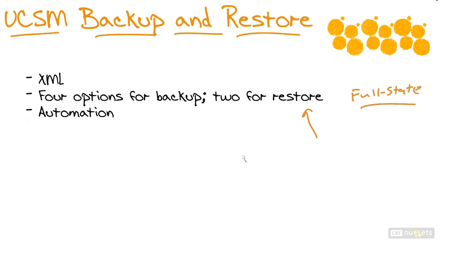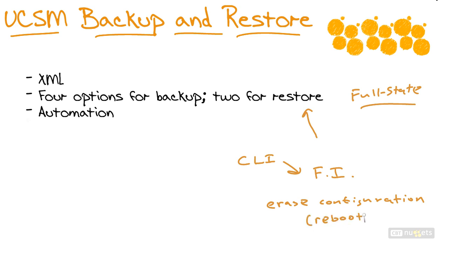Well, what you do is you go to the command line interface on the active fabric interconnect, and you do something that's really scary. You issue this command, erase configuration. Yeah, remember what we said with that full-blown restore, you're going to start from scratch. So we erase the configuration, and when it erases the config, it will automatically reboot.